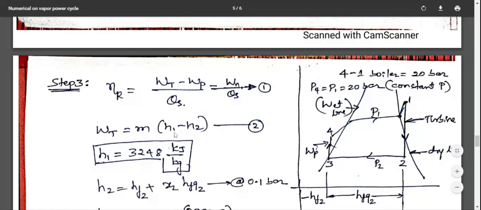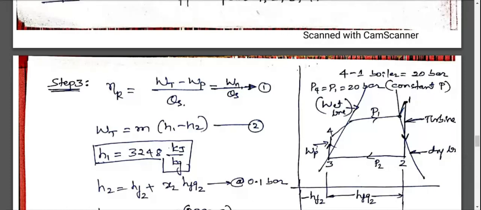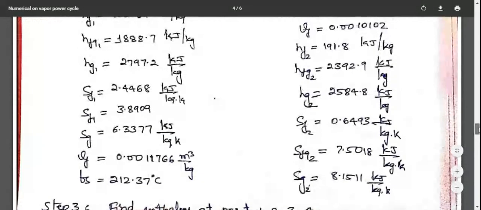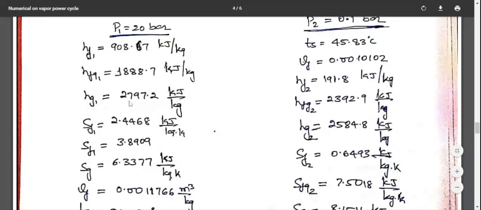But h1 and h2: h1 is given directly in the problem. In the numerical, the given condition is superheated steam. So for example, if the value of enthalpy given in the problem is 2792.2, this is the value of enthalpy at gas.